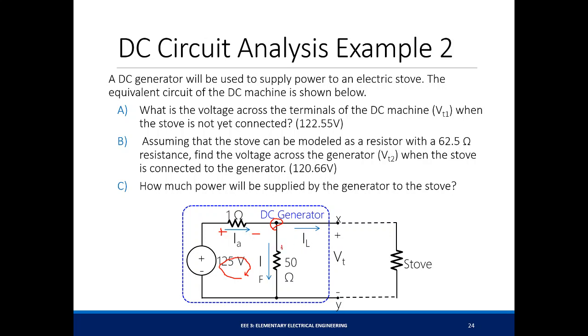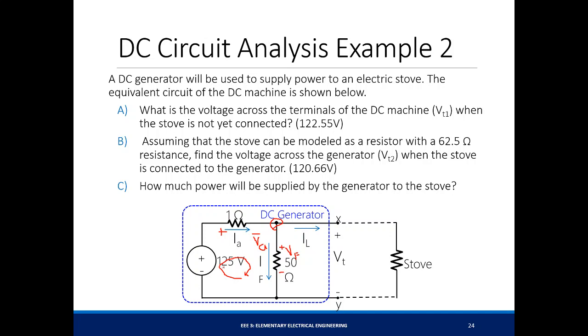And also the same in this resistance right here. Let's call this VA. And let's call this VF. So if we do KVL across this loop, we'll get 125 minus VA minus VF.